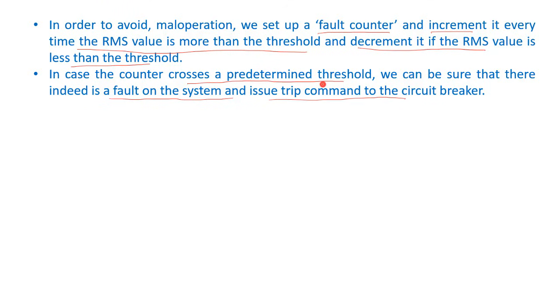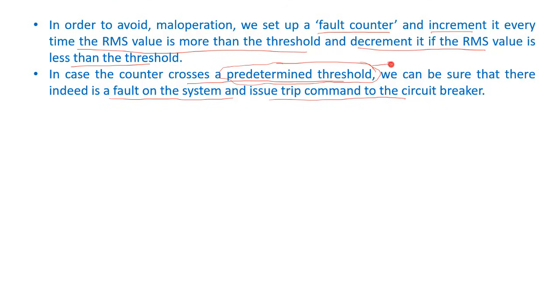So this predetermined threshold will depend upon the location where the measurement is being made. If at a location we have many power electronic devices, switching devices, then under that condition we should have an increased value of threshold.